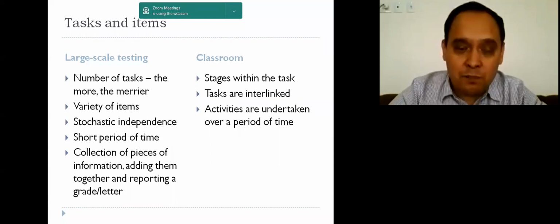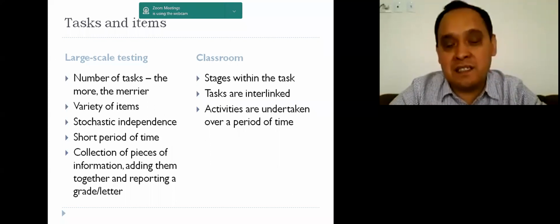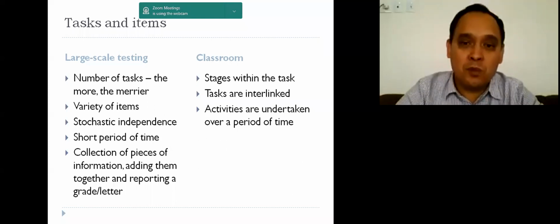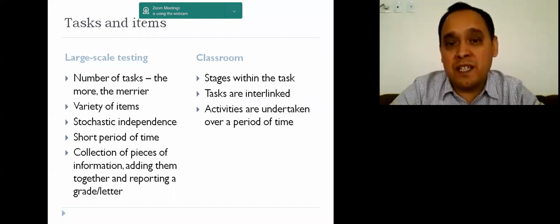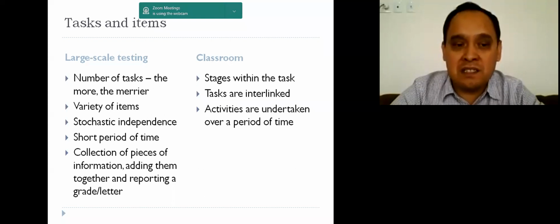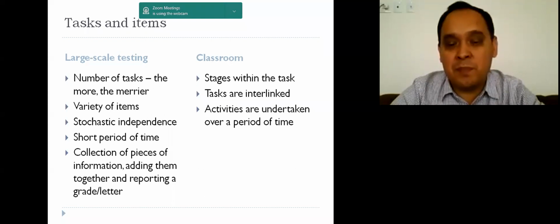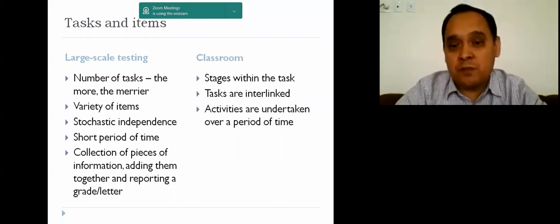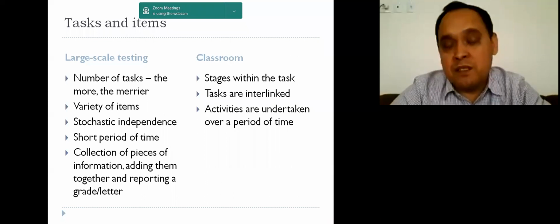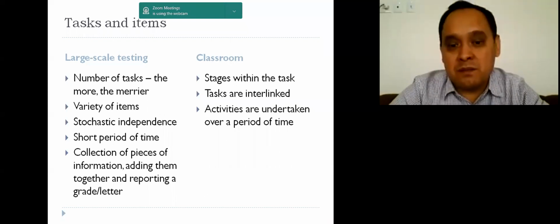And one of the principles in large-scale testing is that the response to one question should not be influenced by the response to the next question, the question coming before it, or any other question in the exam. This is called stochastic independence in testing literature, which is quite different from the classroom situation, which I will be talking about shortly.